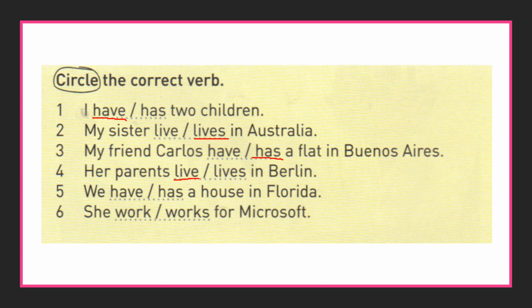Number 4, her parents live in Berlin. Why live? Because parents, this is plural. I'm talking about both her parents, mother and father. Number 5, we have a house in Florida. Number 6, she works for Microsoft.